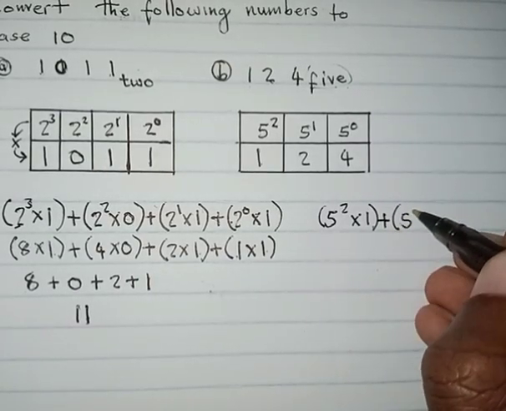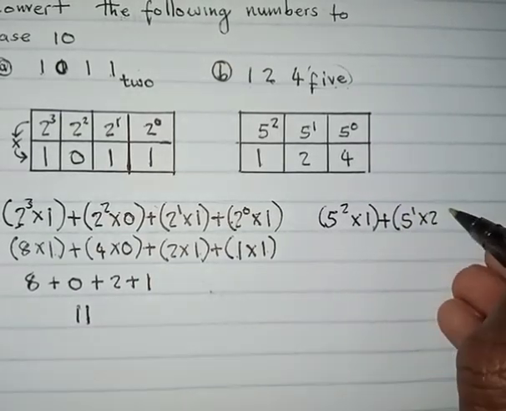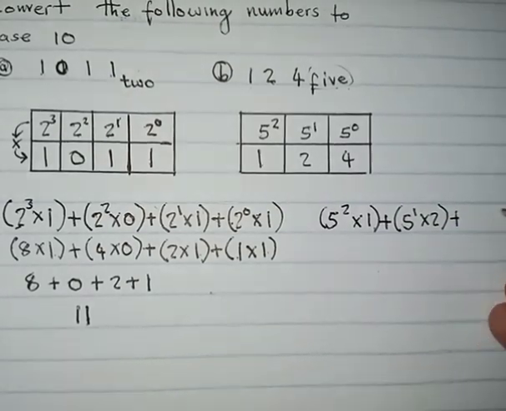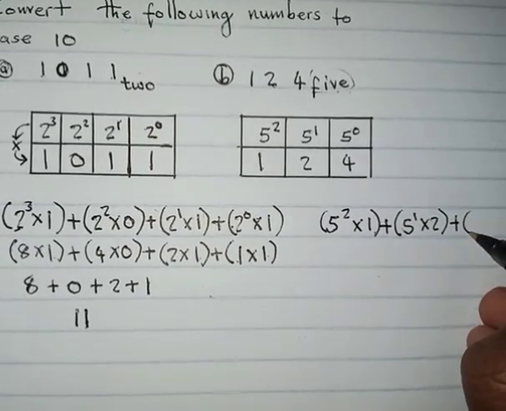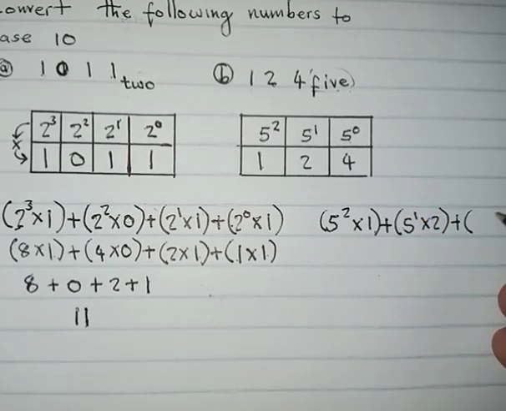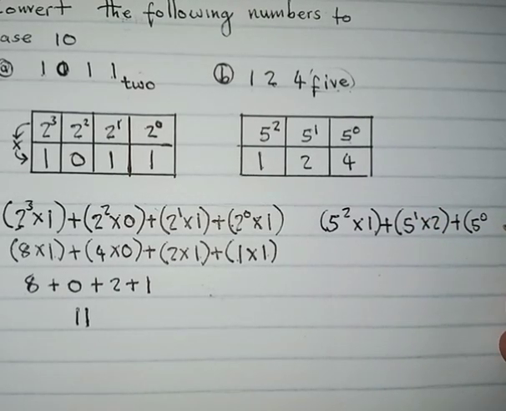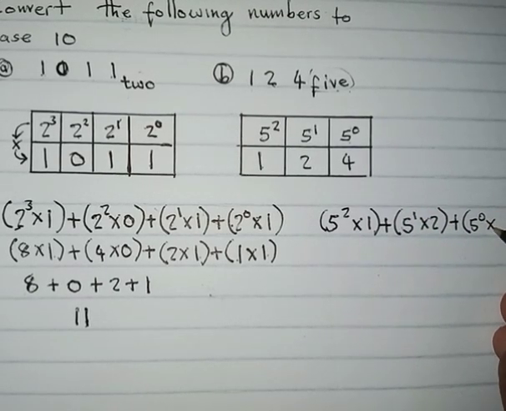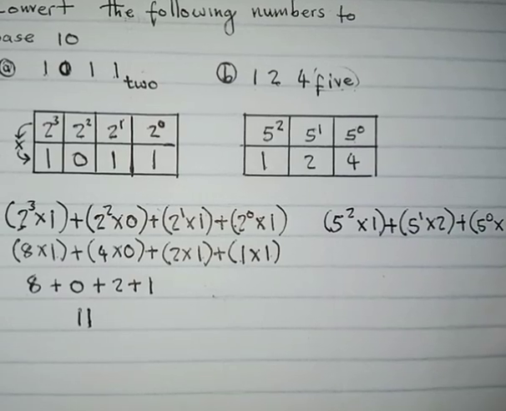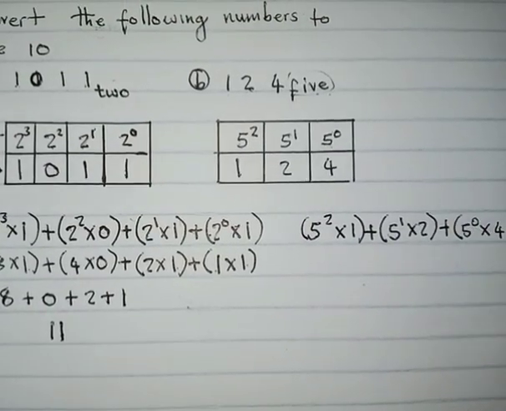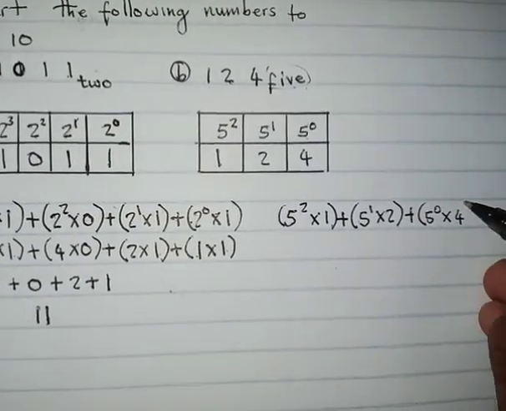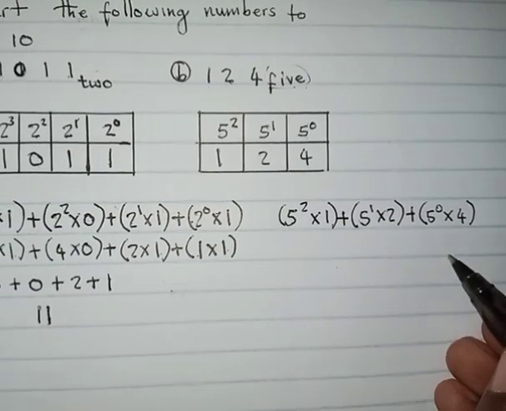We have 5 to the power 1 multiplied by 2, plus 5 to the power 0 multiplied by 4. We can now simplify this.